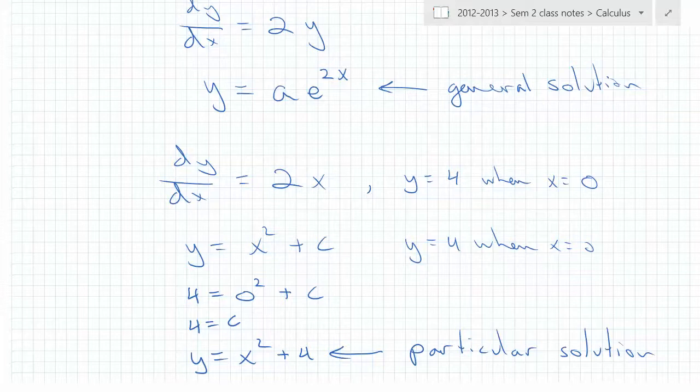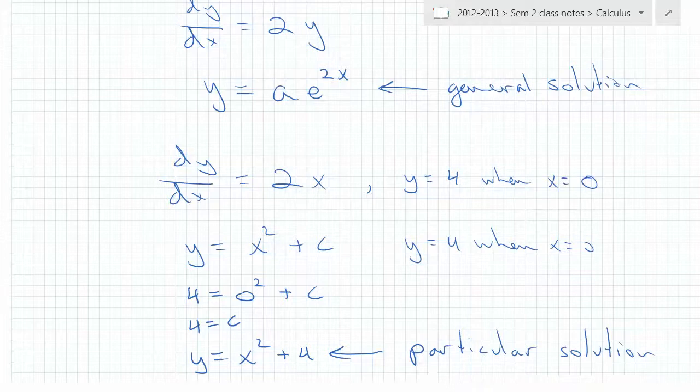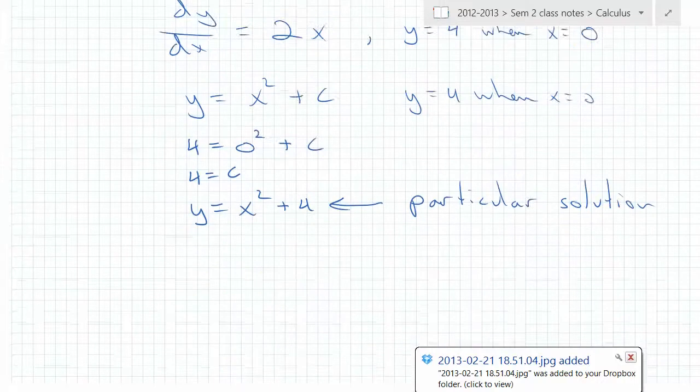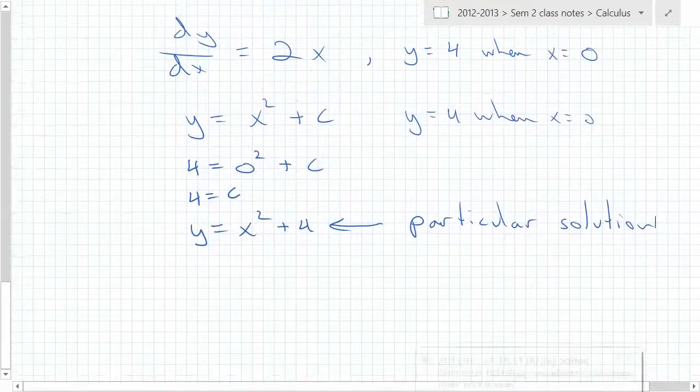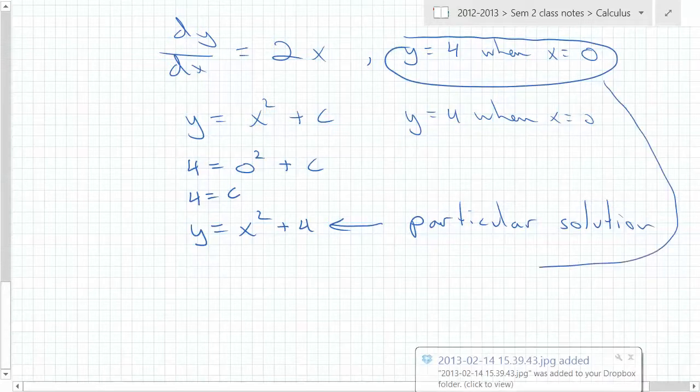Yeah, a general solution is a family of functions that satisfy the expression, whereas a particular solution uses what's called an initial condition.